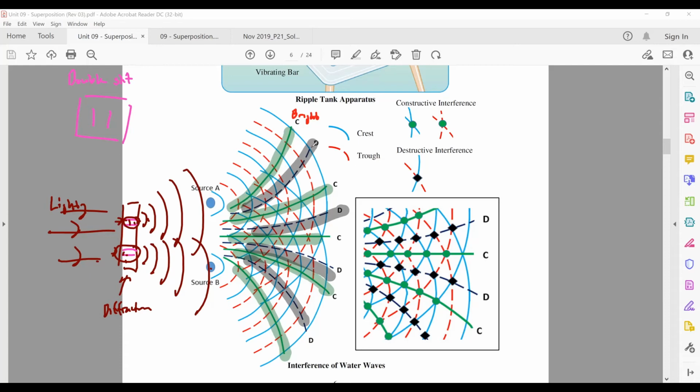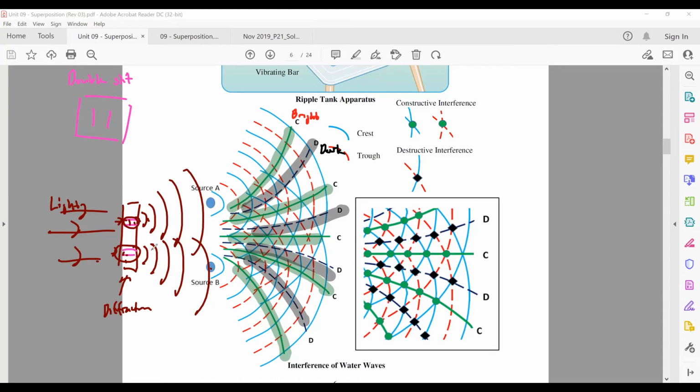But on the other hand, where your waves are interfering destructively, if the amplitude is the same, they should completely cancel off. So this part here should be dark.